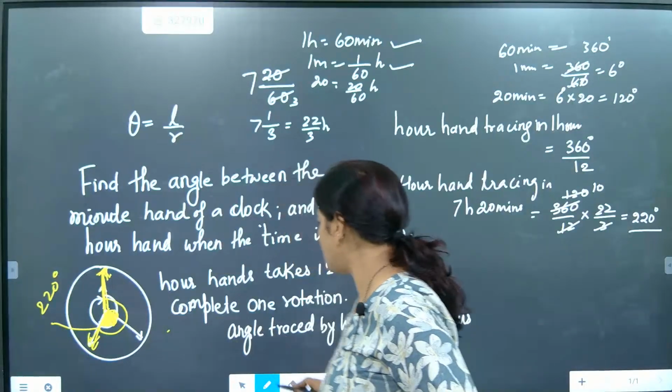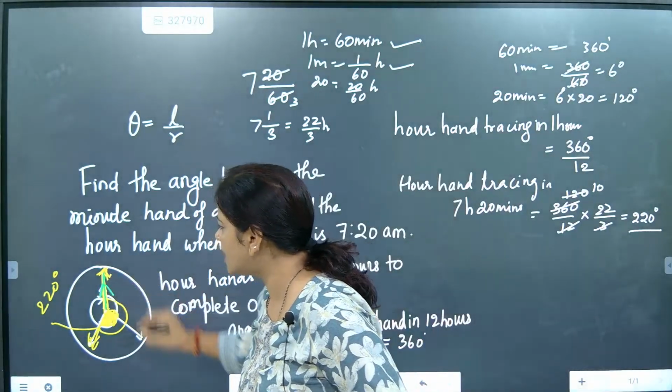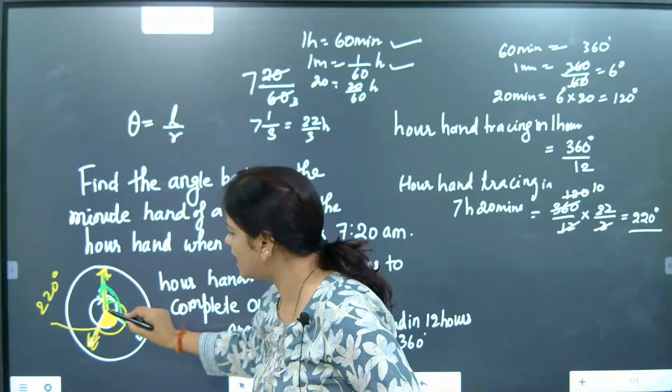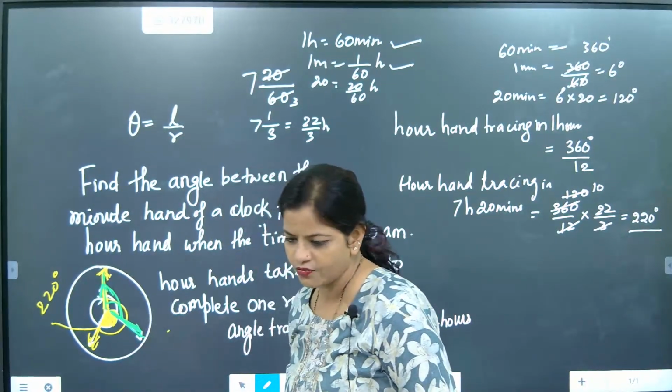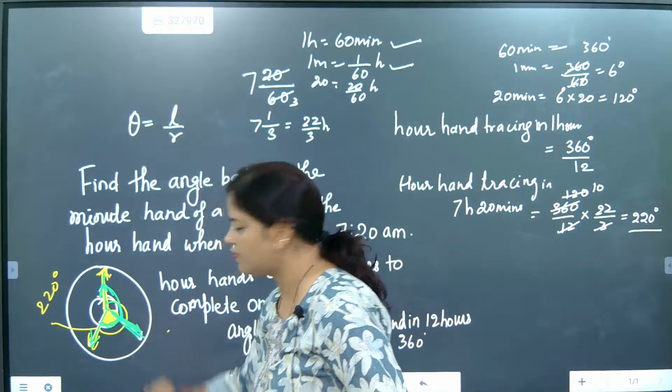Now the minute hand also started from here and came till here. So the minute hand is exactly present here right now, at 120 degrees. Now this angle between hour and minute is what we have to find.